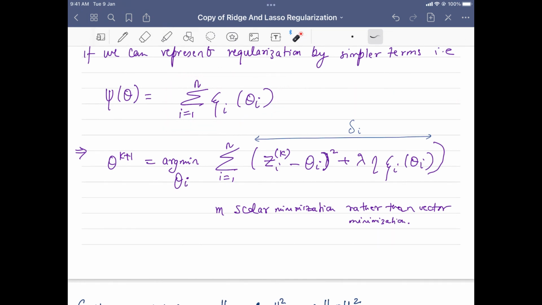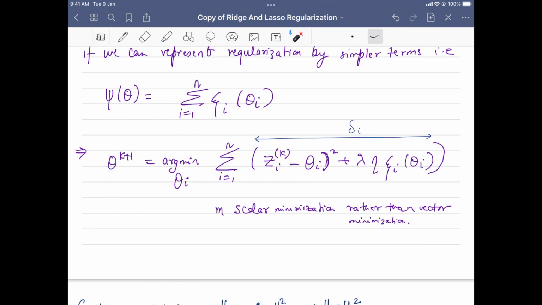So what I am doing now is component wise minimization, or you can say we are working on the specific component of the vector theta. If you do that for all the values from 1 to n, you will get the complete vector, which is theta k plus 1.